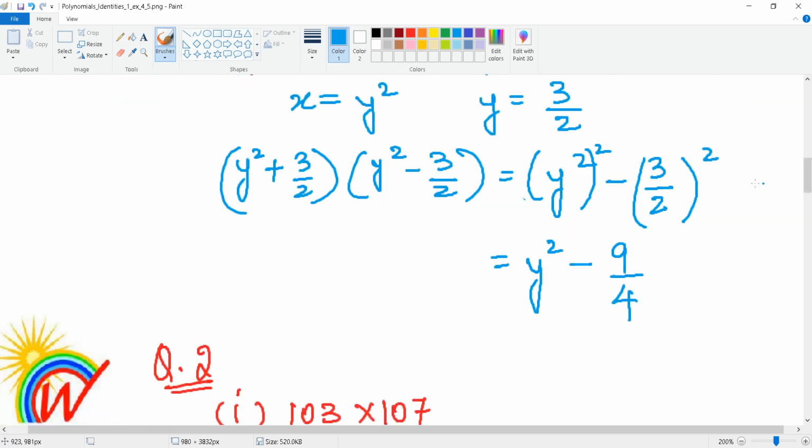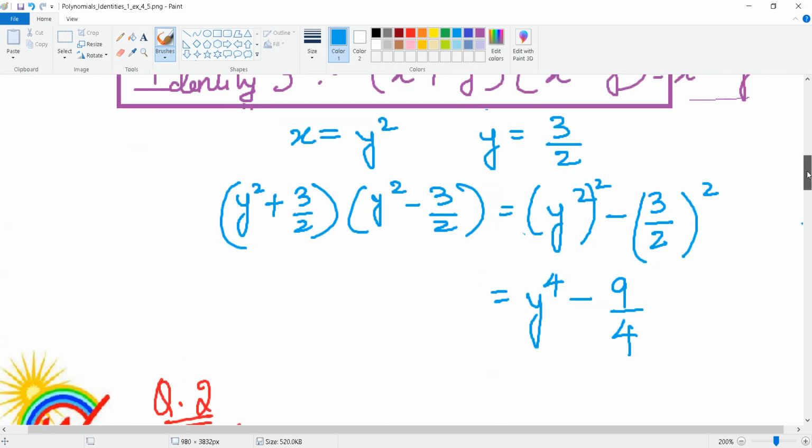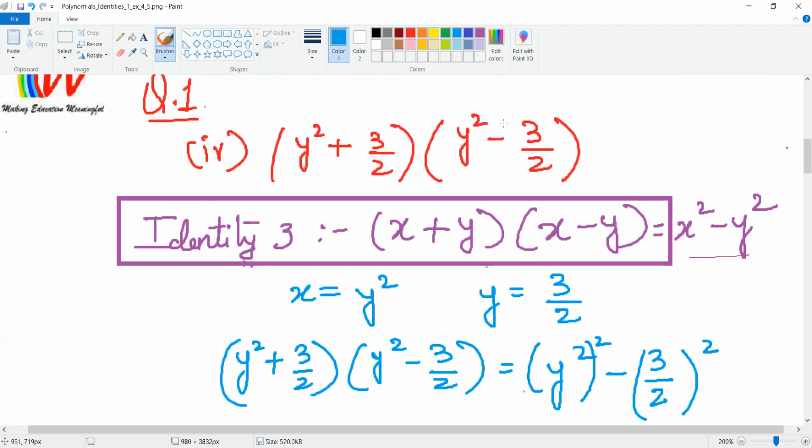So (y square) square will become y to the power 2 into 2, that is 4. So you get y to the power of 4 minus 3 square is 9, 2 square is 4. Okay, so this is how you'll do it. You will first look at the question carefully and see which identity it resembles, and then accordingly you will find the x and y and proceed.